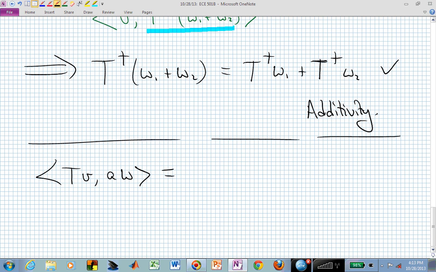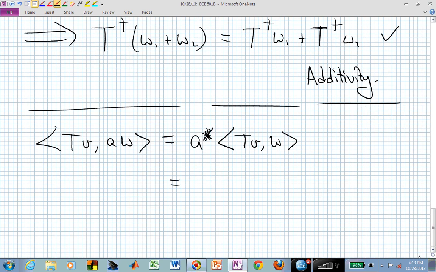That's the conjugate homogeneity of the second slot, right? So that A needs to be conjugated, and then it will be TVW. But now, if I just keep that A star out front for now, what's the TVW look like if I apply the definition of the adjoint? That's just V, T dagger W.